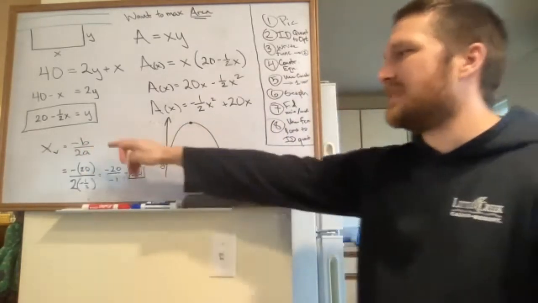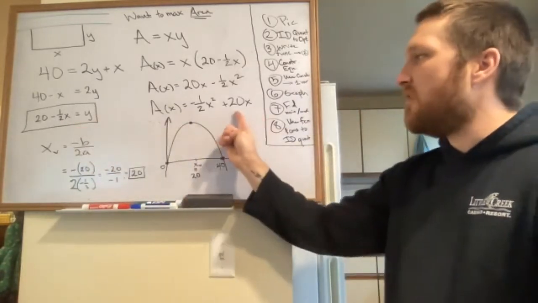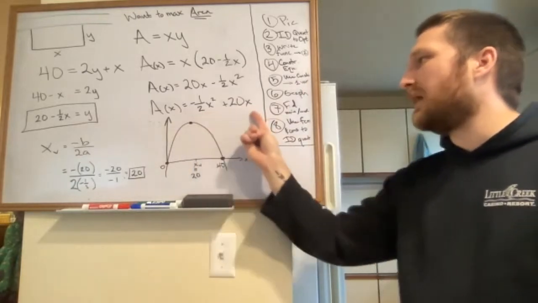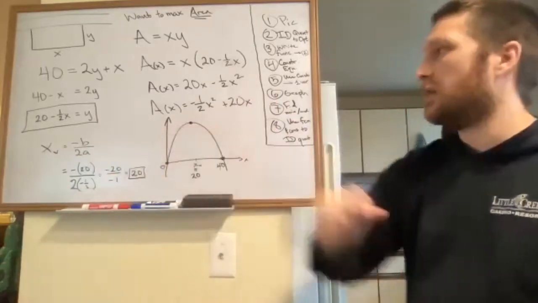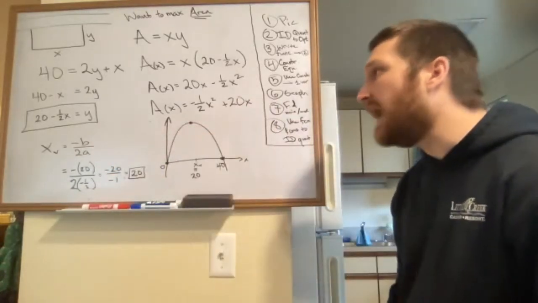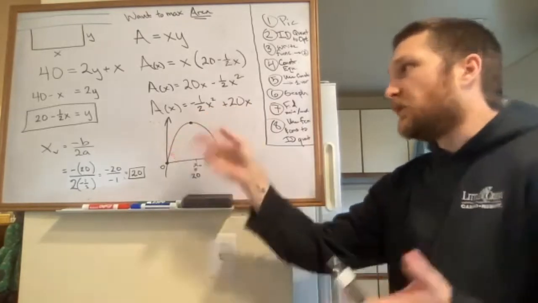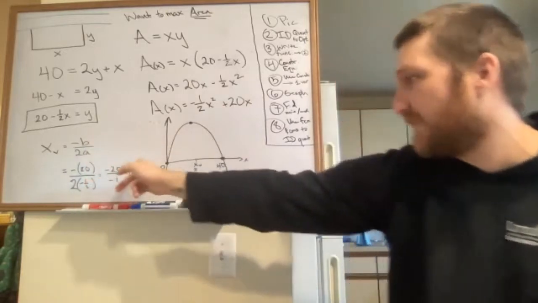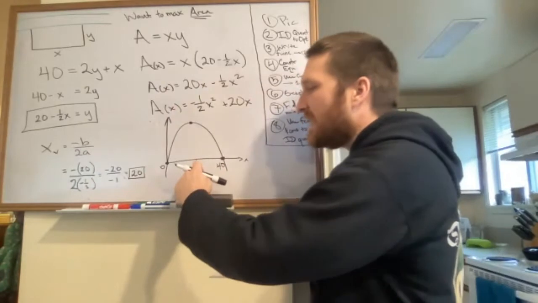So I think this is a pretty good way of just in general, if you have a quadratic in standard form like this with an A and a B, you could just say, well, that's that guy right there. Alternately, if you'd like, you could complete the square, but you'll end up doing exactly this thing right here and getting that. So any way you want to do it, yes, 20 is that value.